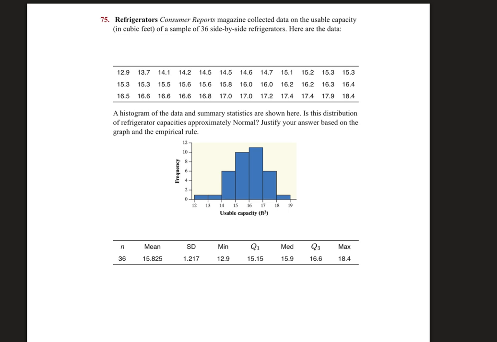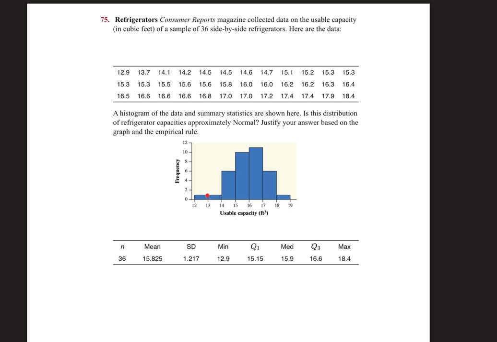Okay. So first off, based on the graph, it looks almost normal, I think. If this wasn't there, which is just one value, the frequency is just one for this. So there's one value in between 12 and 13, the 12.9, and even that is pretty close to 13.